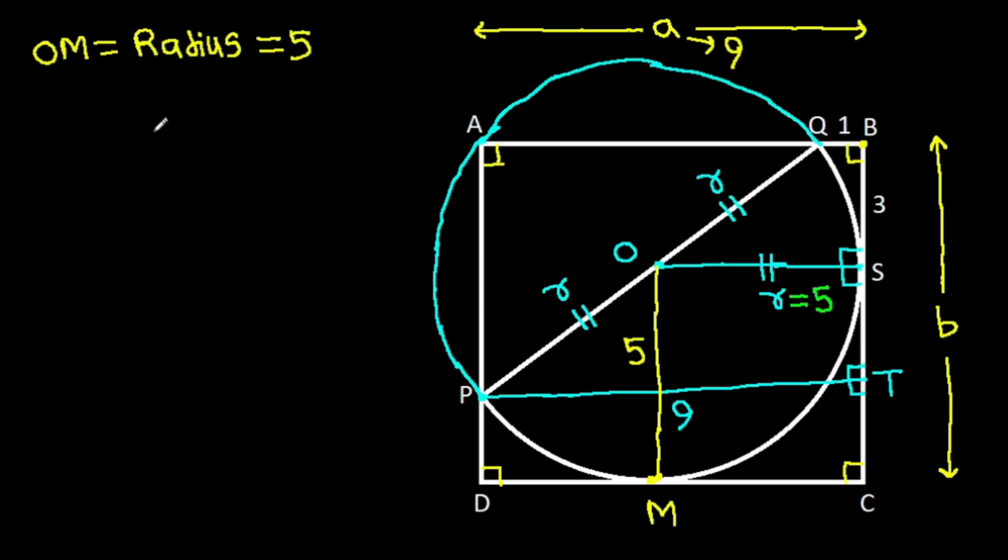And again in any circle, radius and tangent are perpendicular to each other.